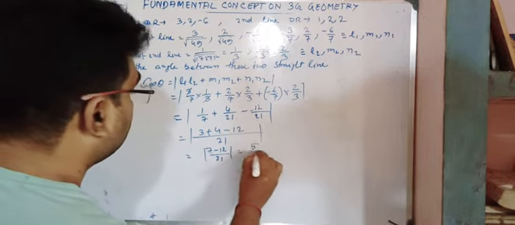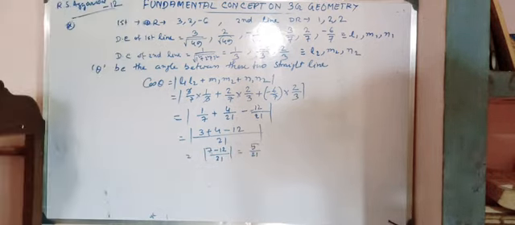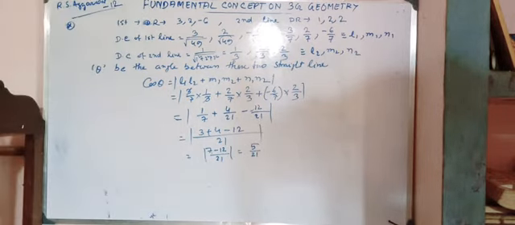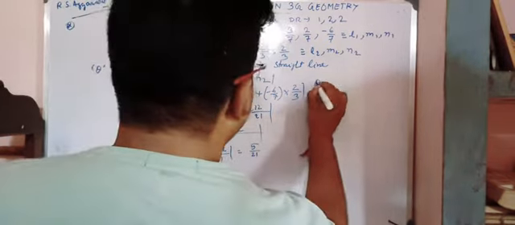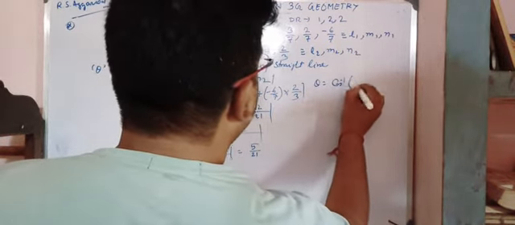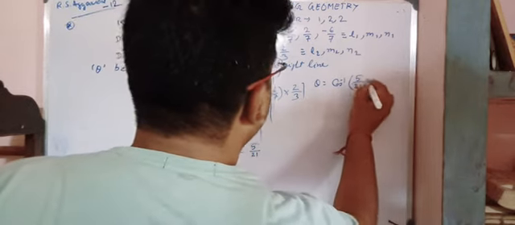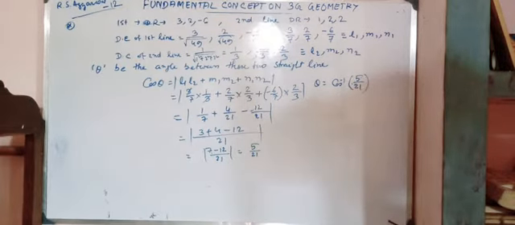That is 5 by 21. So cos theta, the angle between them, is 5 by 21. So theta should be cos inverse 5 by 21. Understood that?